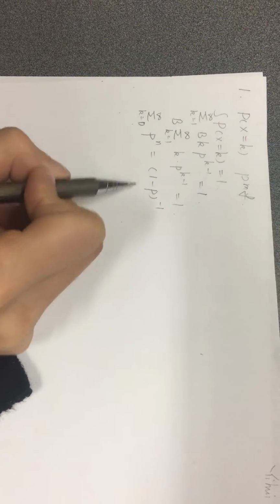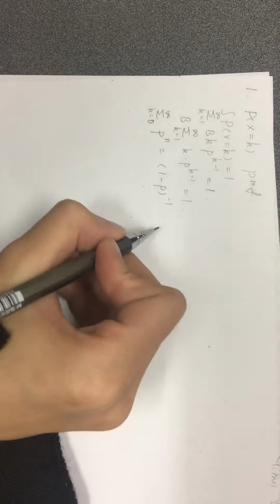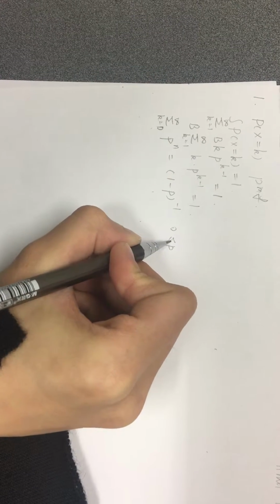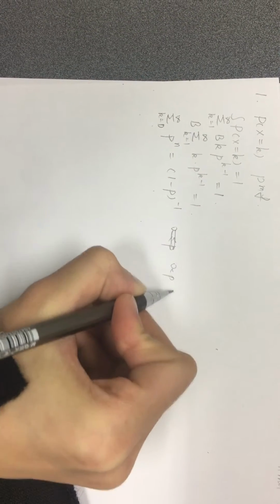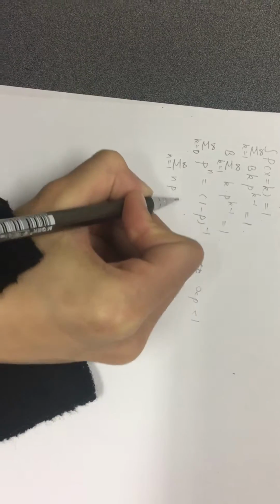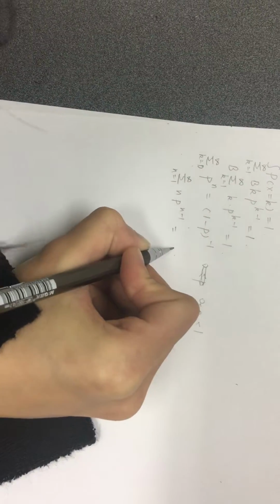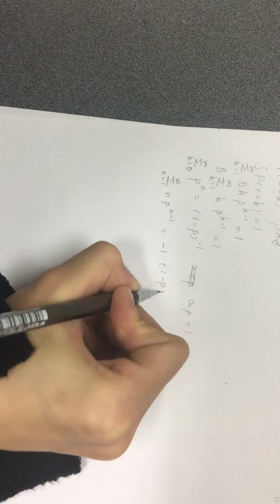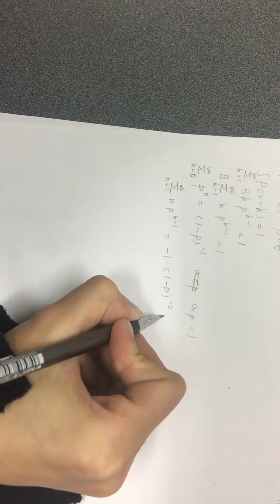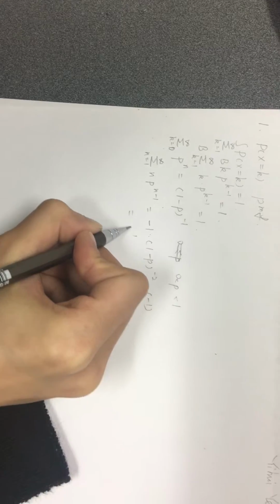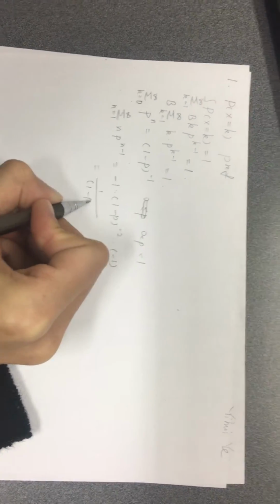Then we differentiate both sides, since p is greater than 0 and smaller than 1, we get minus 1 times 1 minus p to the minus 2 times minus 1, which equals 1 over 1 minus p squared.